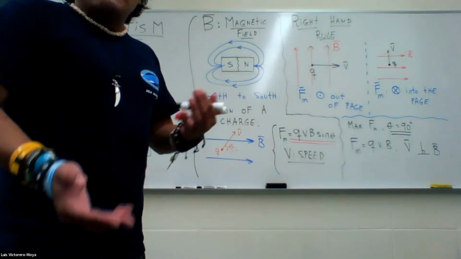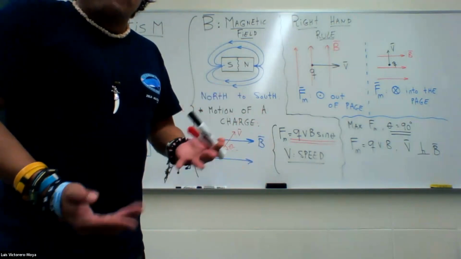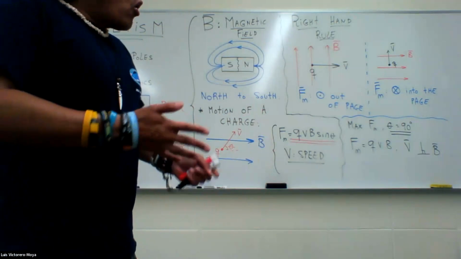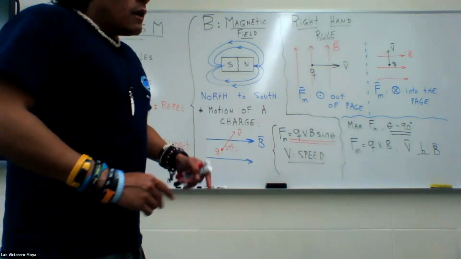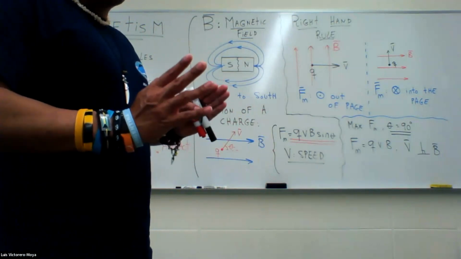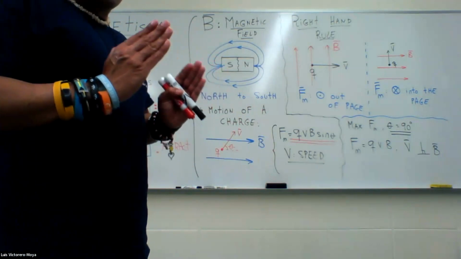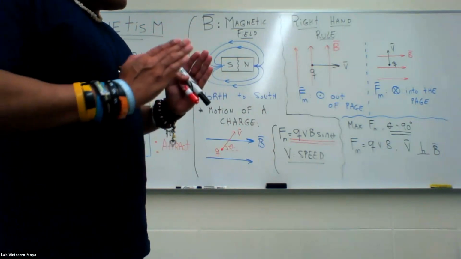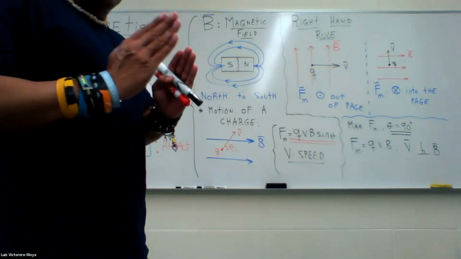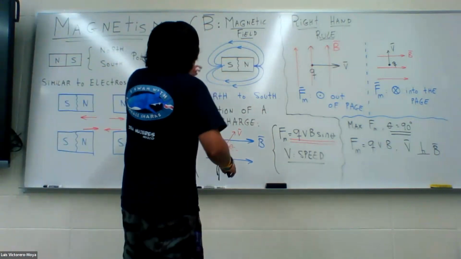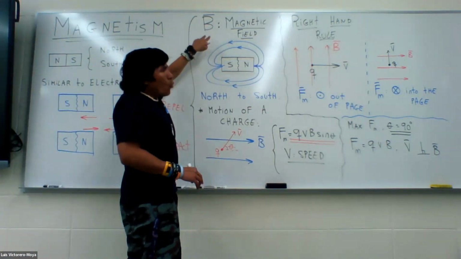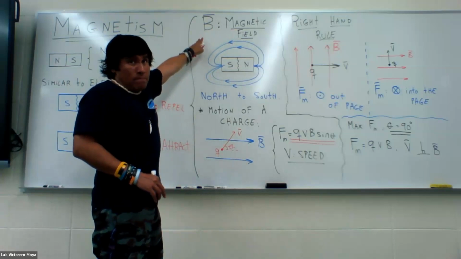We have diamagnetic, paramagnetic, and ferromagnetic. So we're going to be focusing more on ferromagnetic materials, but there is a way to introduce magnetic properties and magnetism by using different materials. That's when the variable M is used, which is why for magnetic field, we use the variable B, capital B.